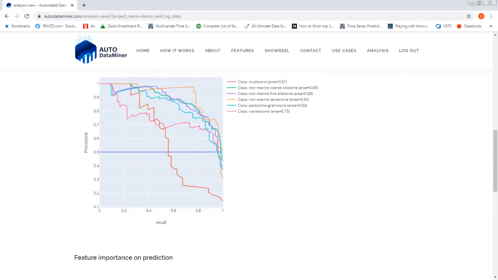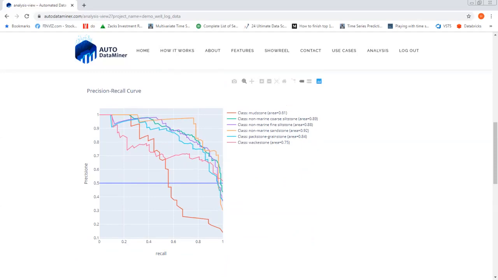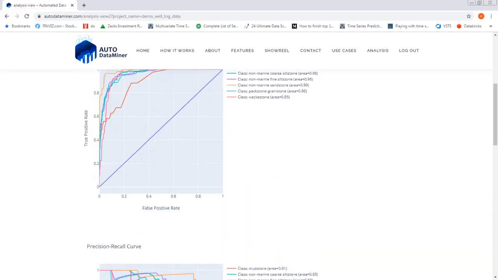And then we have another one called precision recall curve, and again, a number close to 1 means a stronger prediction. For example, if you see here 92 for this class, we are stronger to predict this class. Again, these are some technical stuff, especially for stats people or even data scientists.